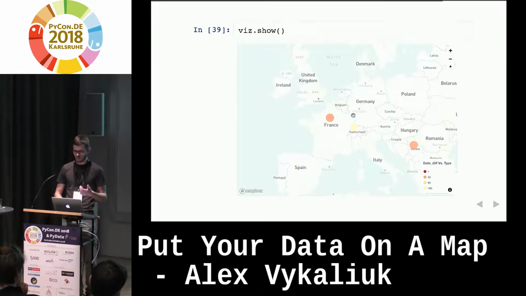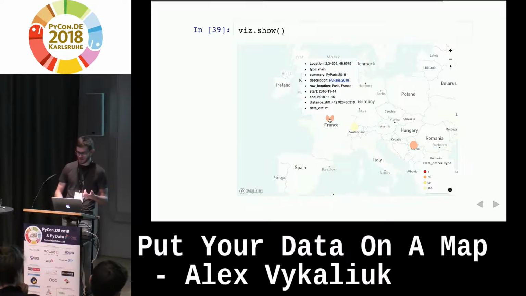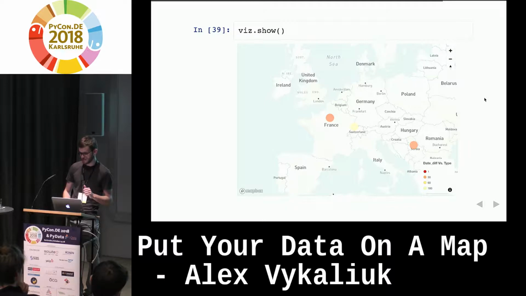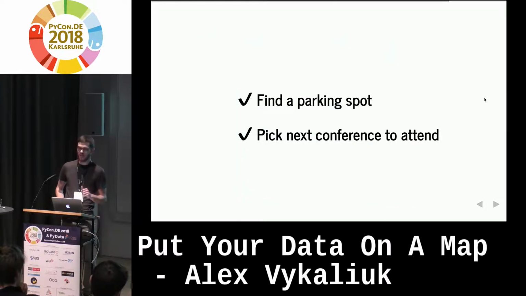So if we're right here in Karlsruhe, the closest you can go to is either PyParis in 20 days, or GeoPython, which is in 240 days, so you even have a chance to submit your talk there. So we answered 2 questions: where do you park and which conference to go to next.